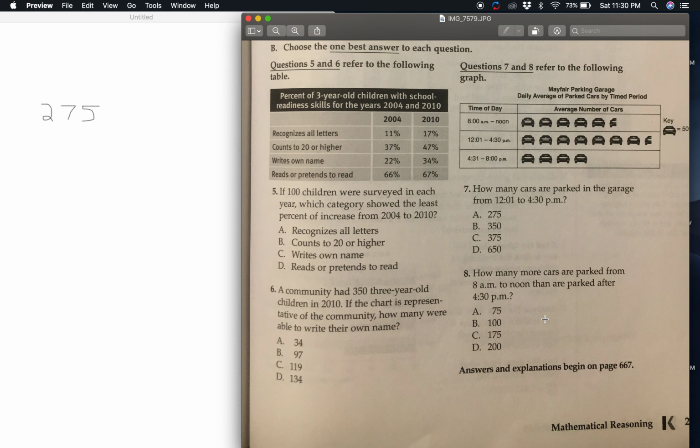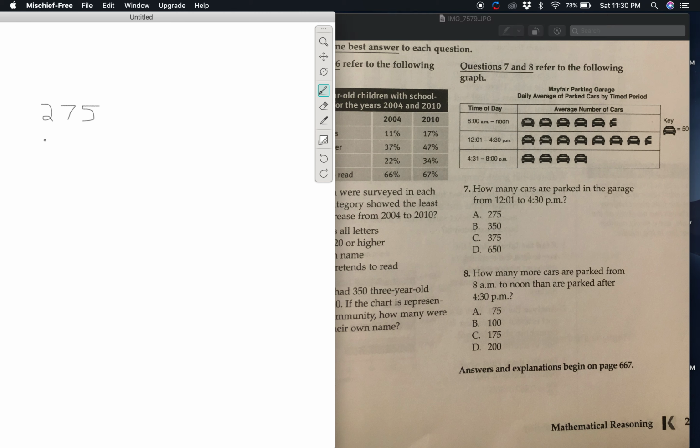And after 4:30, we know 4 times 50 is 200. So how many more cars are parked in the 8 a.m. hour? 275 minus 200 is 75. Therefore, A is your answer, 75.